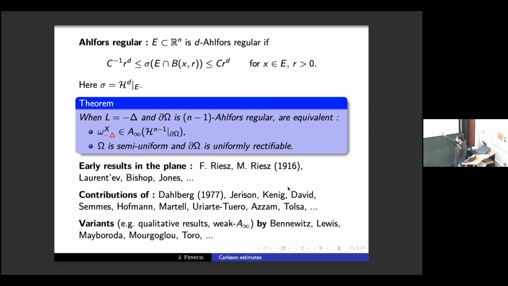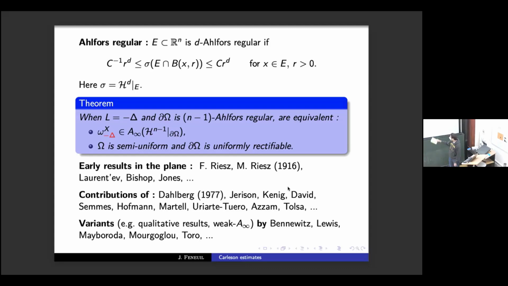So you have some first results on the complex plane, that use some complex techniques. And then the first contribution outside of the complex plane is due to Dahlberg, and it proves the A infinity absolute continuity of the harmonic measure when the boundary is Lipschitz.